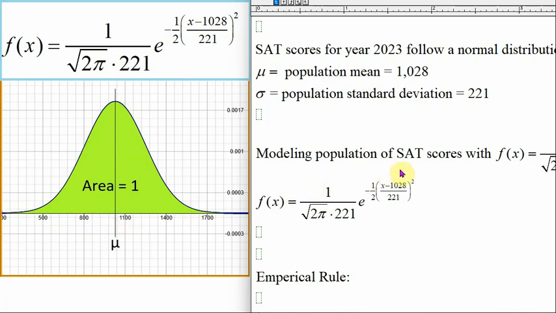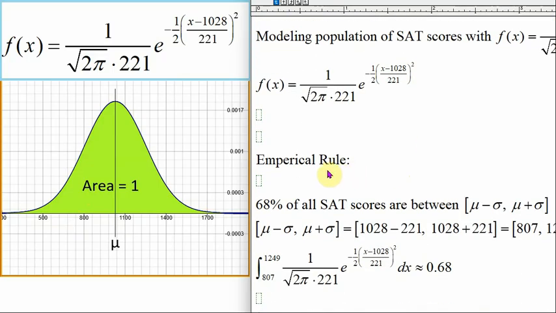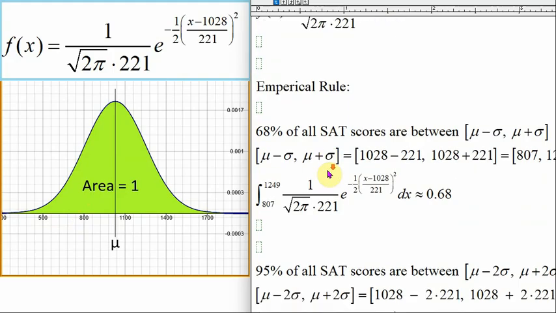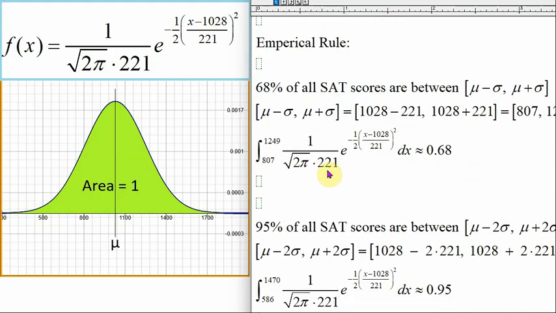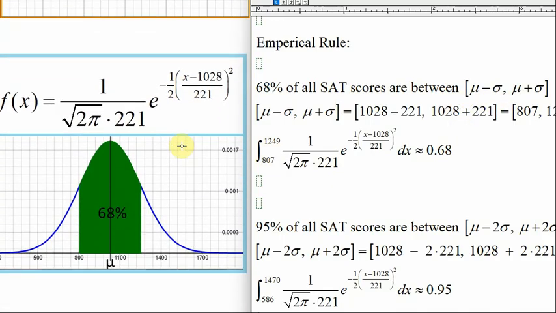And so in statistics, we have something called the empirical rule. It says this: for a population that follows a normal distribution, like the SAT scores, about 68% of the SAT scores are between mu minus sigma and mu plus sigma.